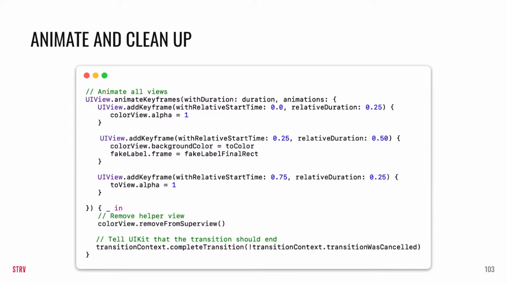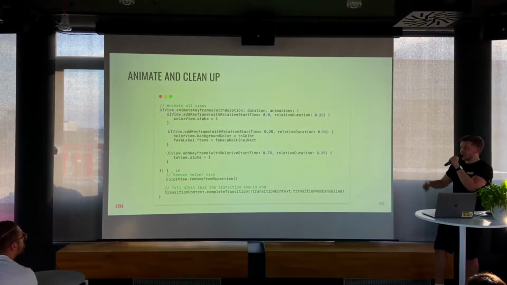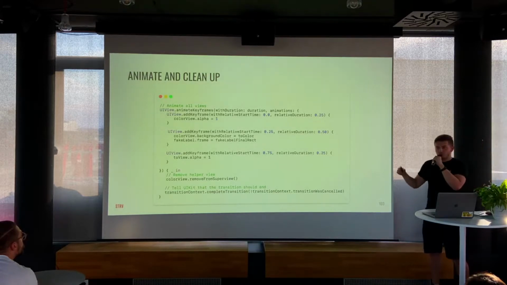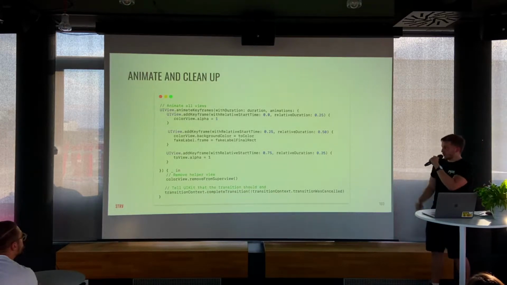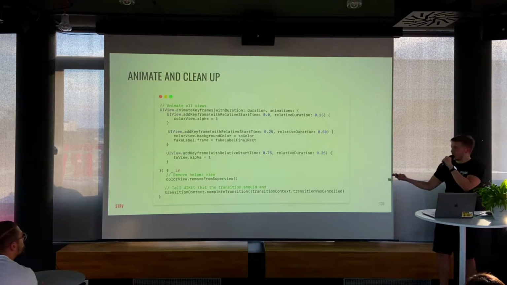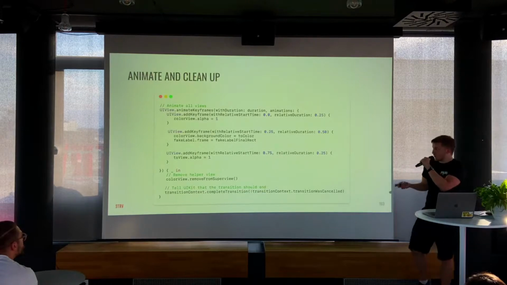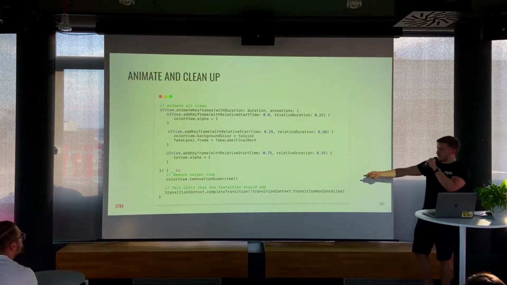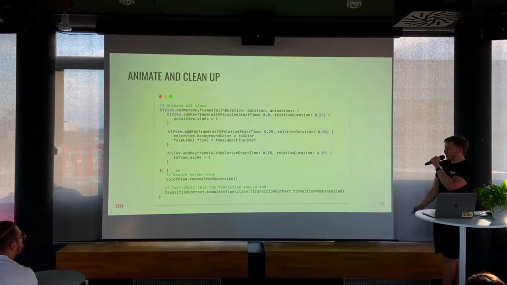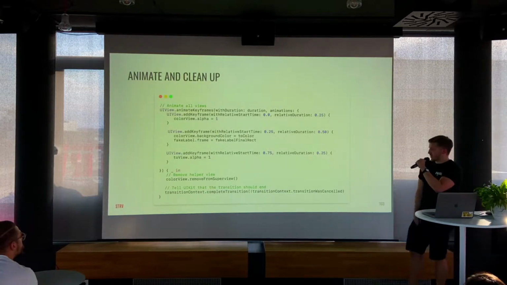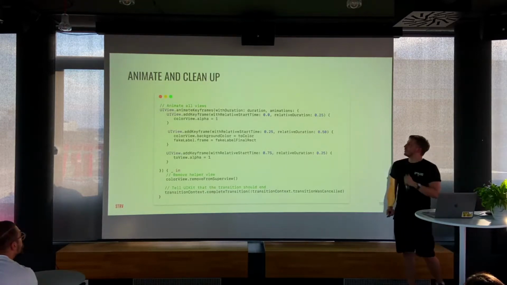In case we are presenting, we would fade in like the detail view controller. In case we are dismissing, we would fade in the home view controller. And this time, we really have to do some cleanup. We used some custom views, and we don't want them to stay there. So in a completion, we just remove them and say, hey, transition has ended.